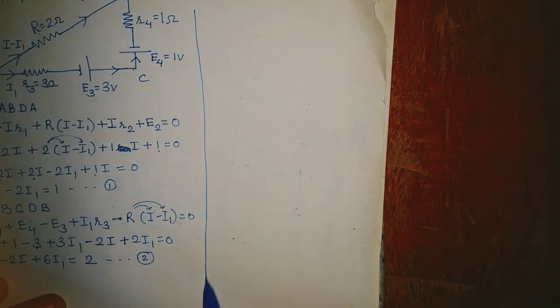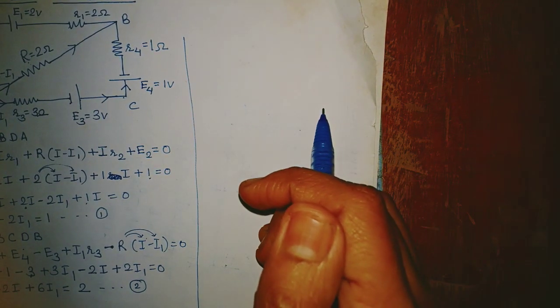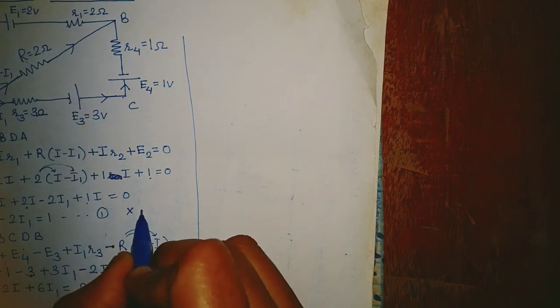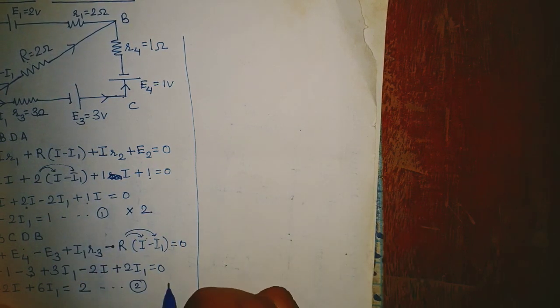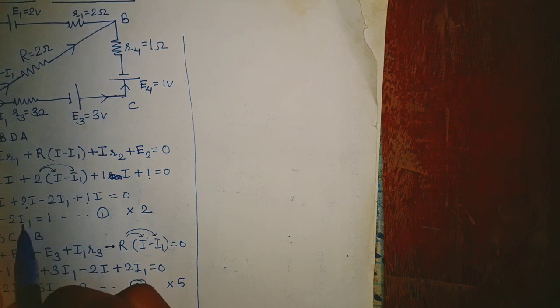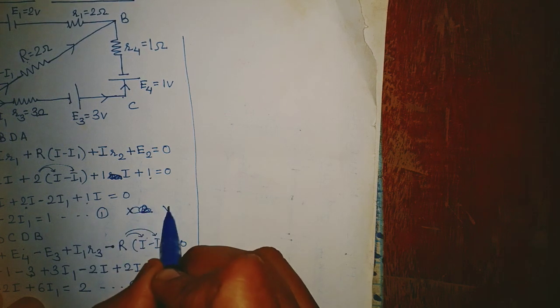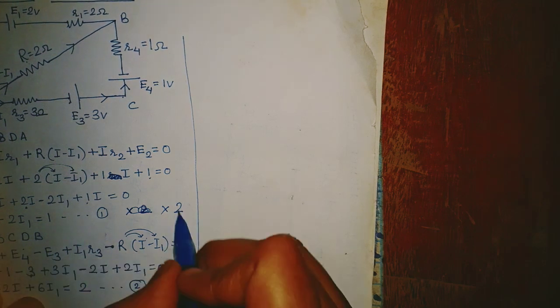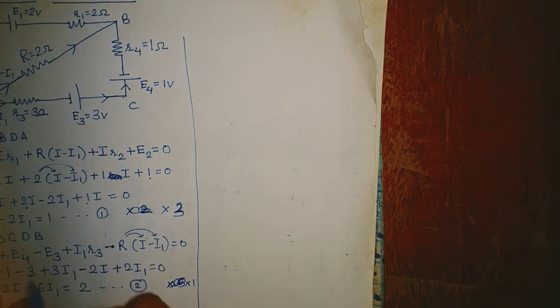So let's use elimination method. The easiest method will be multiplying equation 1 by 3, so that our second term will be 6.